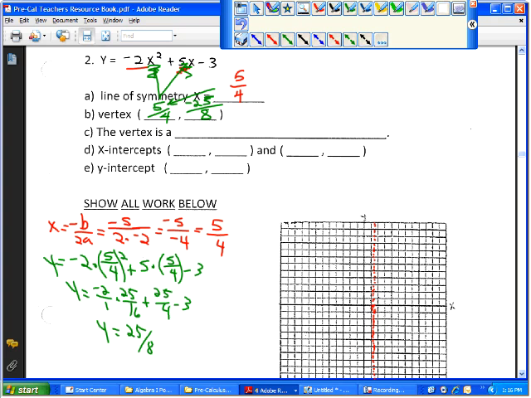So the vertex is at -3 and 3/8 for y, which would be 1, 2, 3, and 3/8, somewhere about right in there. Okay? It's not quite a half. I'm having trouble getting where I want to be, but we get the point. It's somewhere in between that big old blob.